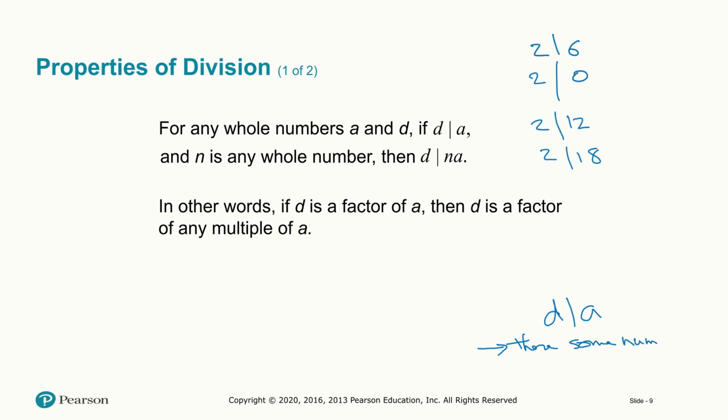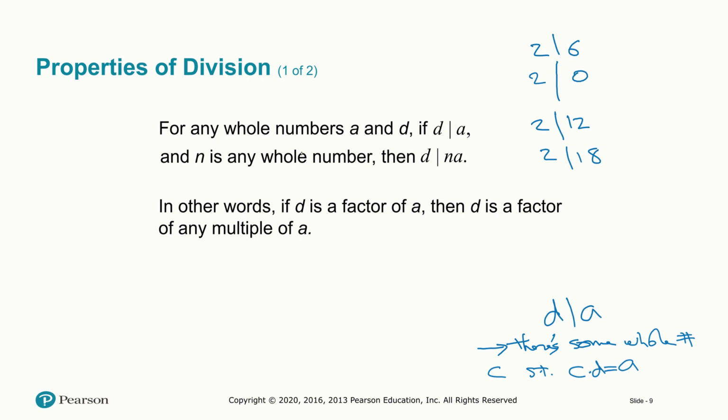So in general, if d divides a, notice that this implies there is some whole number c such that c times d equals a, right?